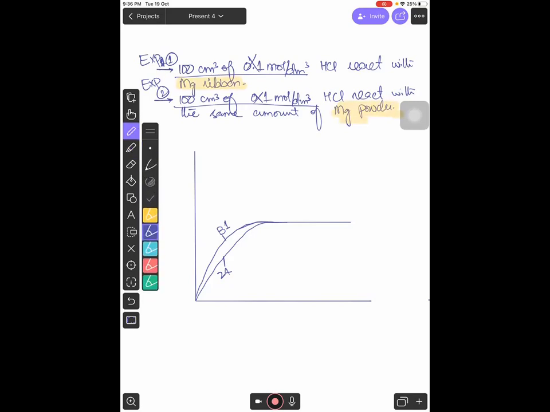Now you need to think about it, बच्चों। Magnesium ribbon is just like this, and the magnesium powder is just like this. So the particle size is smaller and the number of particles is greater over here, so the reaction is faster over here. So it is steeper, right?